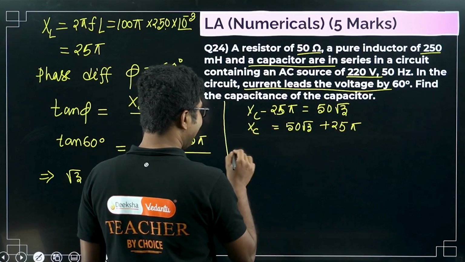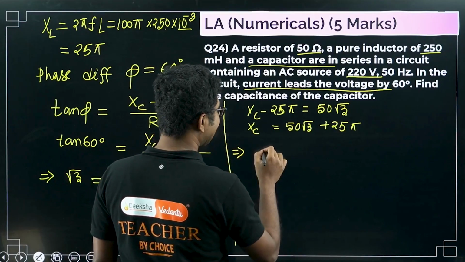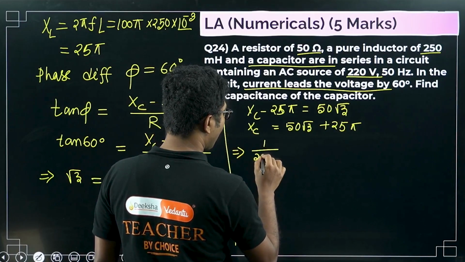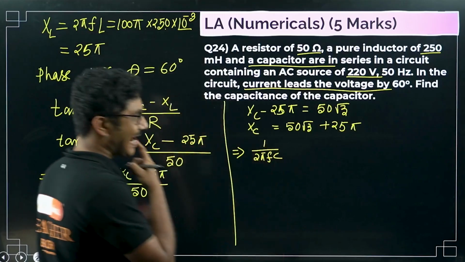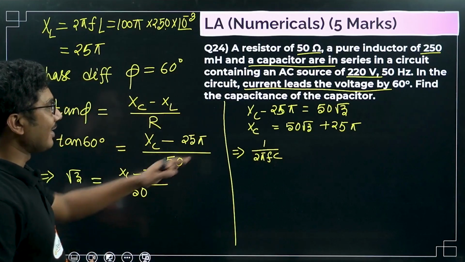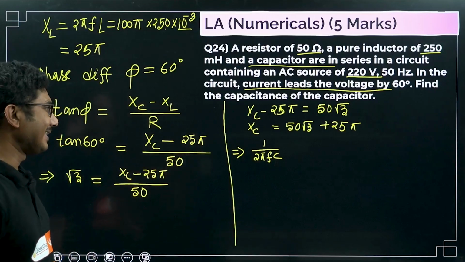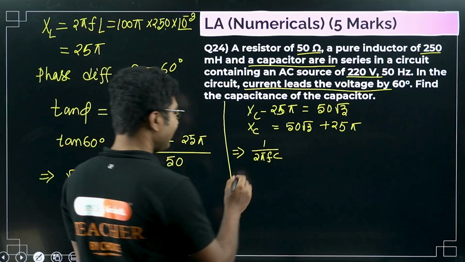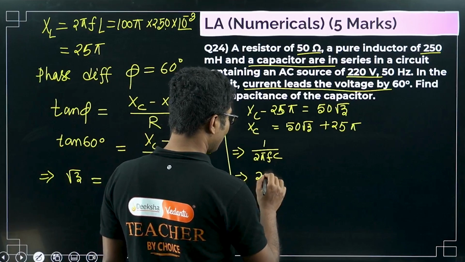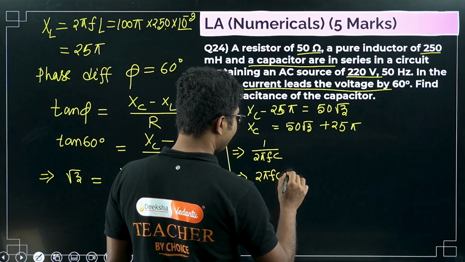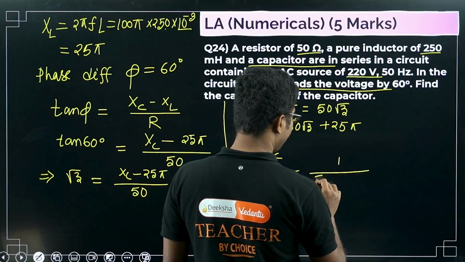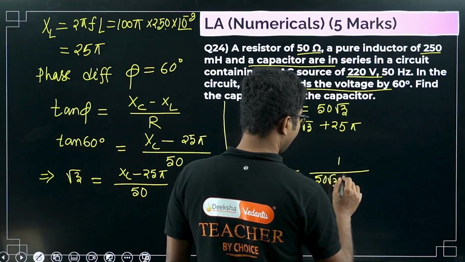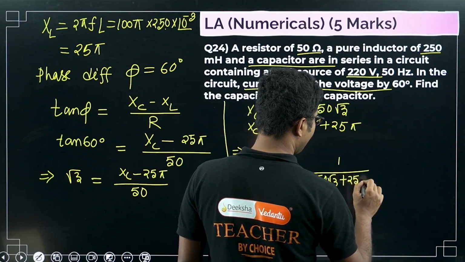Now what is XC? XC is 1 by 2 pi f C, right? So this is the value of XC. From there we can say 2 pi f C is basically 1 by 50 root 3 plus 25 pi.